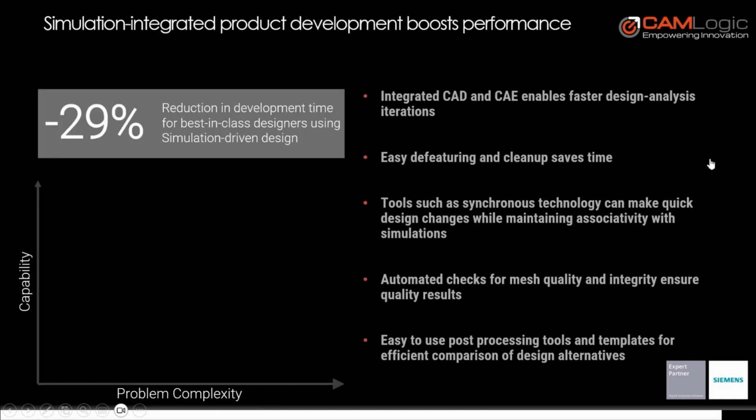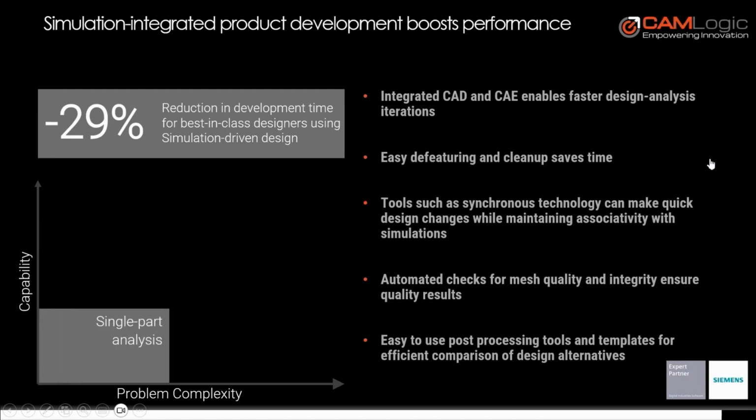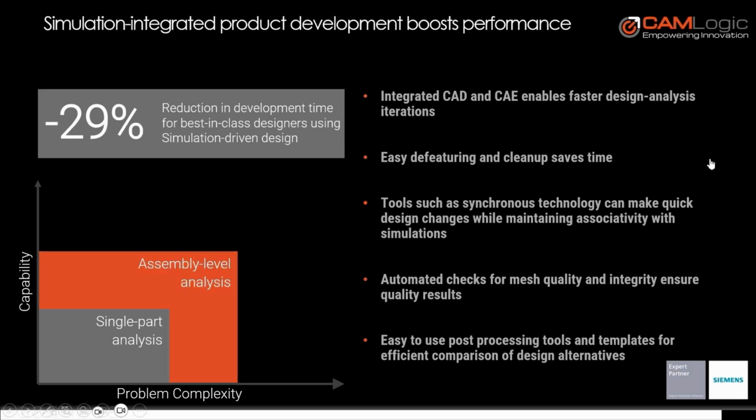As most people know, design errors can be very costly. The further into the design process that an error is discovered, the more expensive it's going to be. Simulation-driven design reduces these costs by using simulation earlier on, so that there are fewer issues, and issues that are present will be discovered earlier.